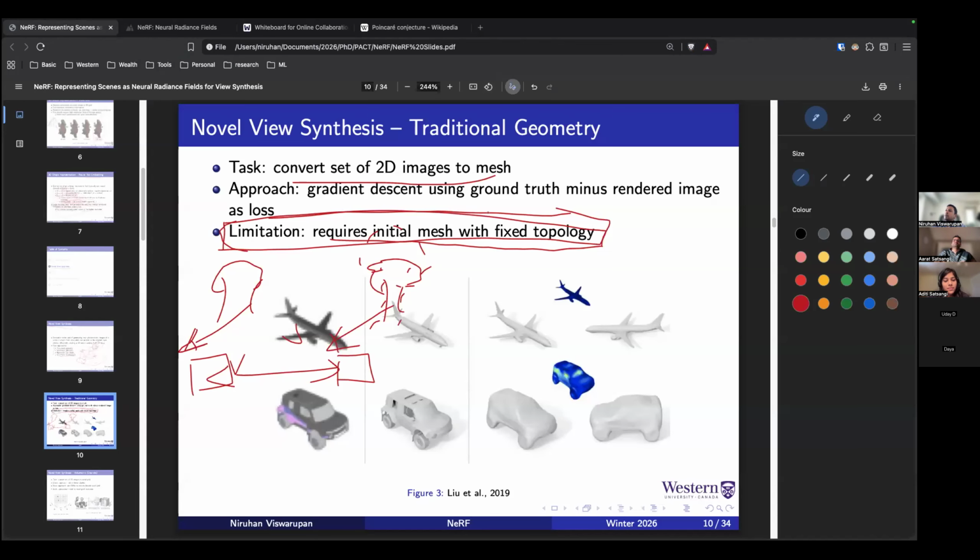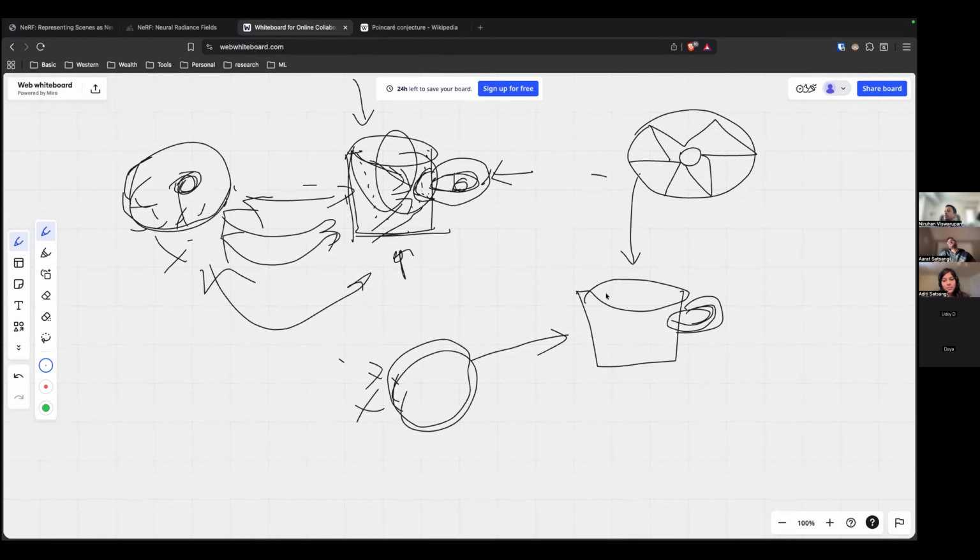That is the limitation here. It requires a mesh with fixed topology. Do you get the idea behind this? So if you are training a 3D representation of a cup, you need to know that you have to start with this donut.